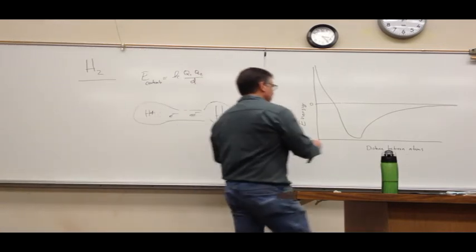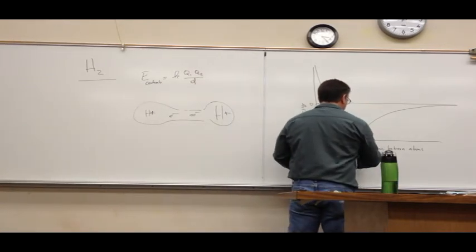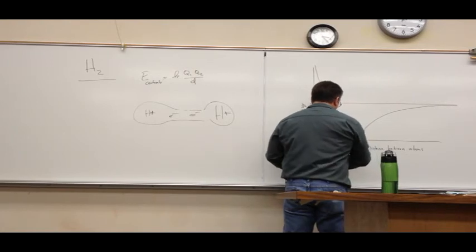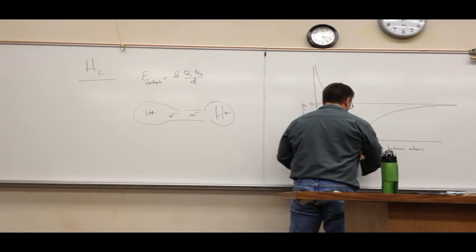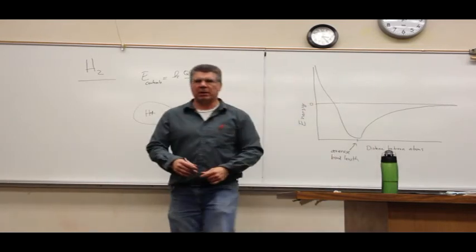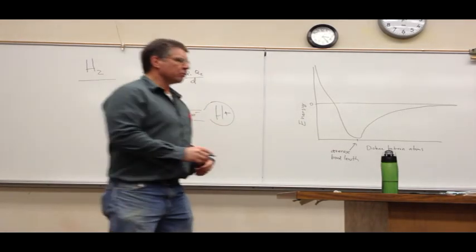This distance right here, the distance at the minimum energy, is the average bond length of the hydrogen molecule. It's about 106 picometers.